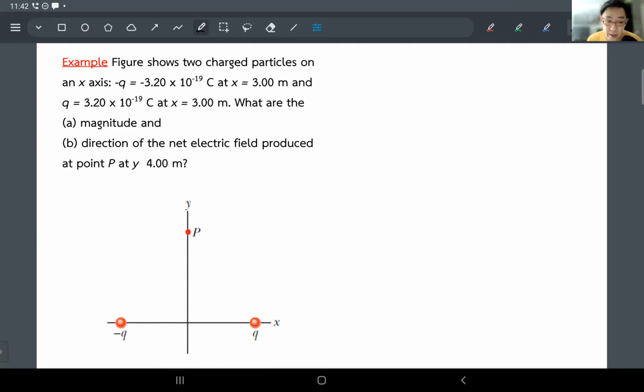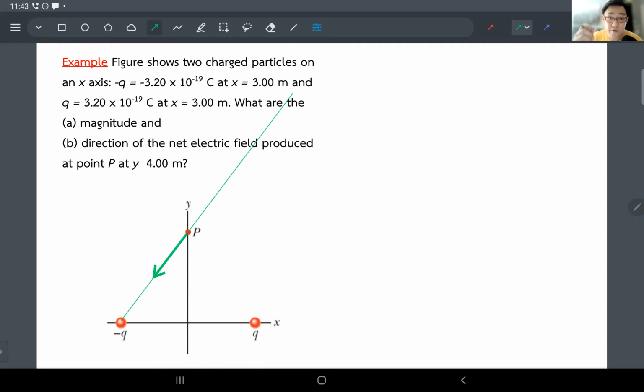Start from the left, shall we? Negative Q. Around the negative Q, you will have the electric field. Let me give you a guideline here. That's a radial direction. Because this is a negatively charged particle, it generates an electric field that points towards it. With me here?